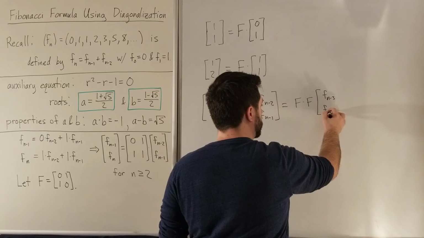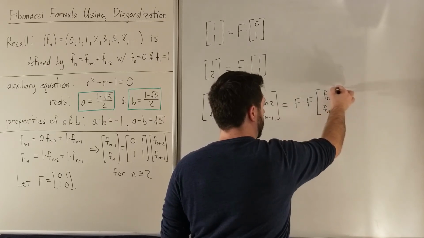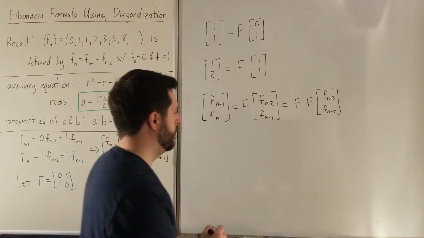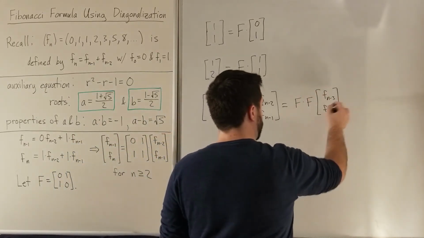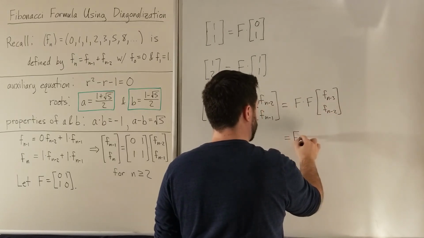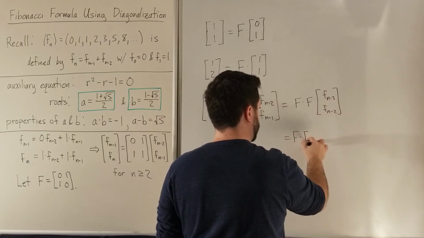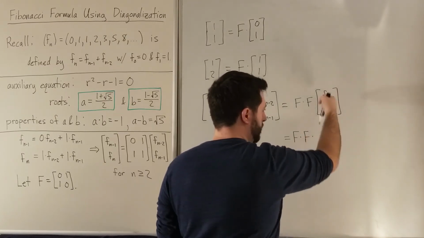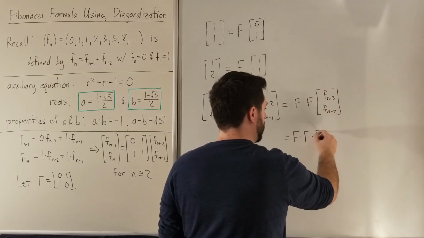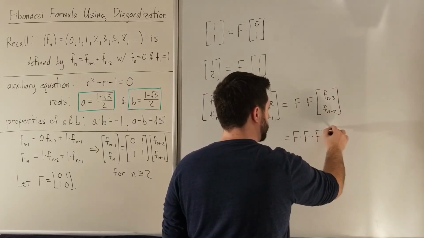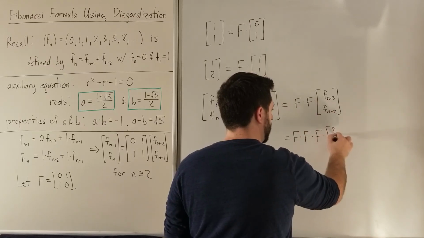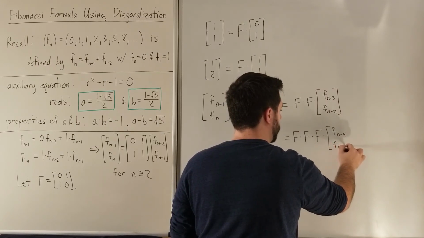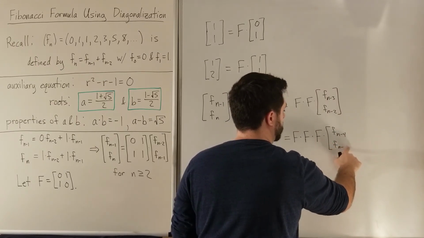So I'm just reducing the indices here by 1 again. Okay, and then I can do that again. So this column vector is itself F times F sub n minus 4... oops, F sub n minus 3.